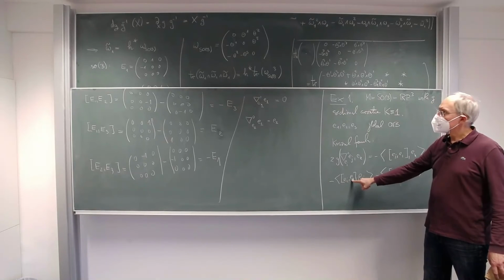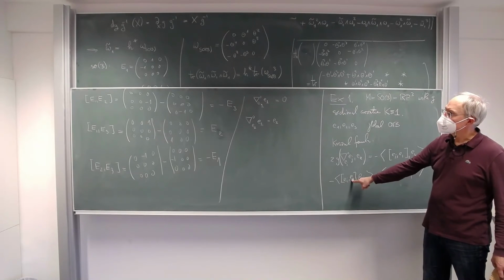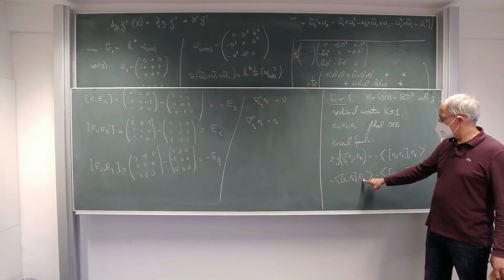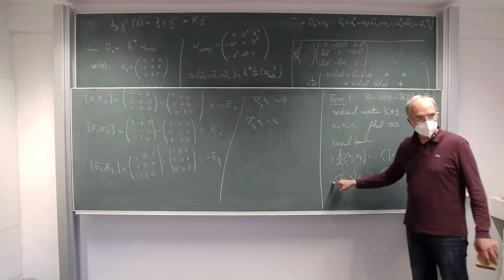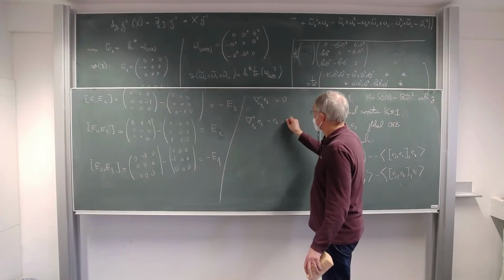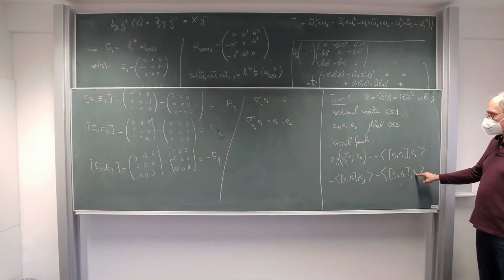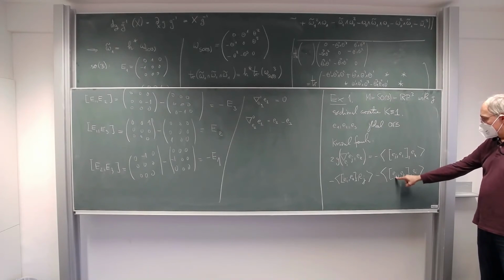E1, E3 gives me plus E2 times E2 gives me a minus 1. Right? And finally, I have a 2 here and a 1 here. So I have to again insert, the only way I get something will be E3 here.